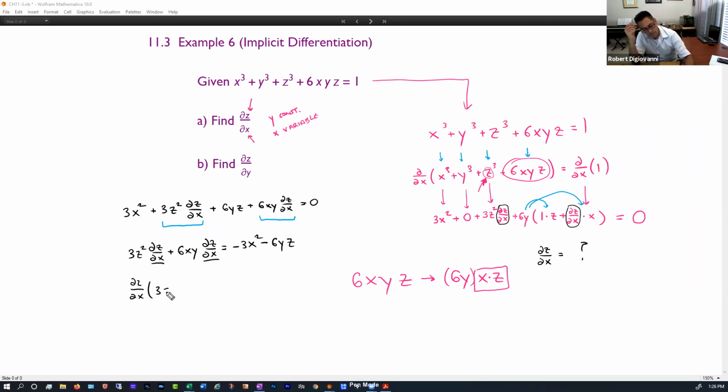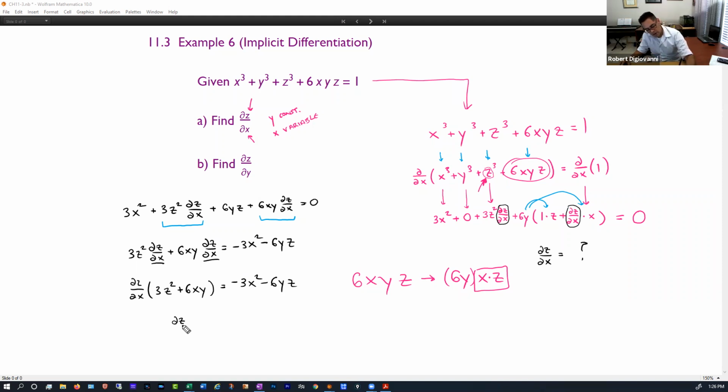And once I have the partial factored out, then I can just divide both sides of the equation by this.